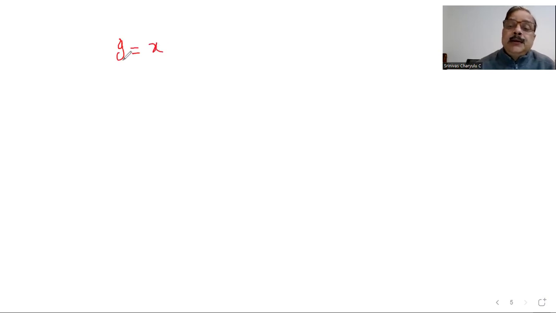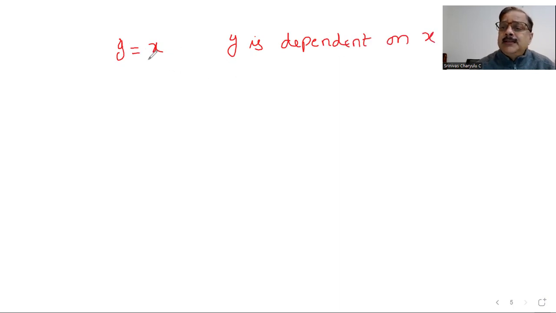What does it mean? Generally, if I write like this, y is called the dependent variable. In this function, y is dependent on x. Very clear here.